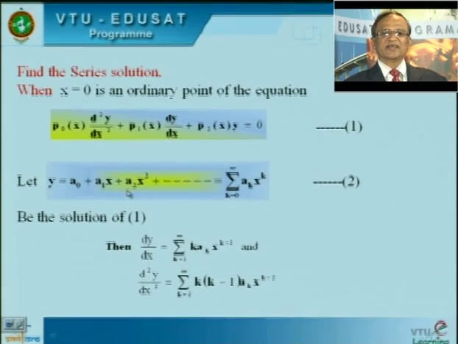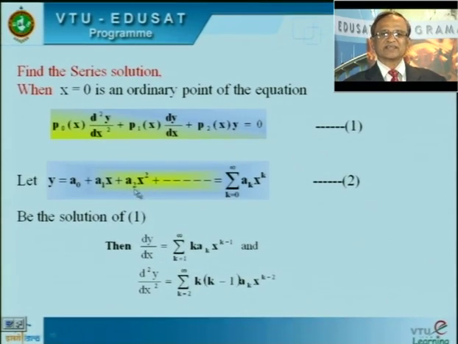And similarly, for a2, derivative of x square is 2x. So, it can be written as 2 times a2 into x. Similarly, a3 x to the power 3 can be differentiated. So, a3 I will keep as it is, derivative of x cube is 3 times x square. So, like that, right. Or you can differentiate the summation of ak x to the power k.